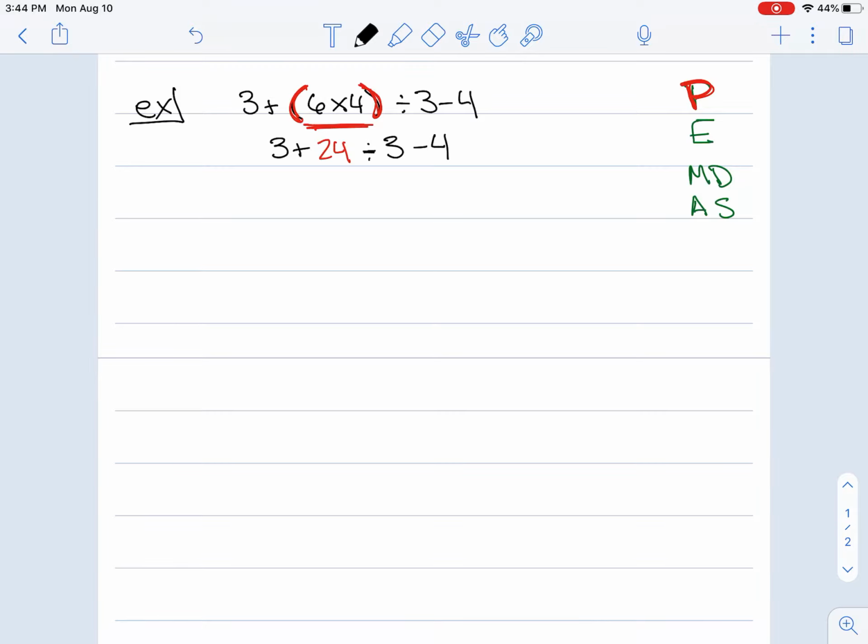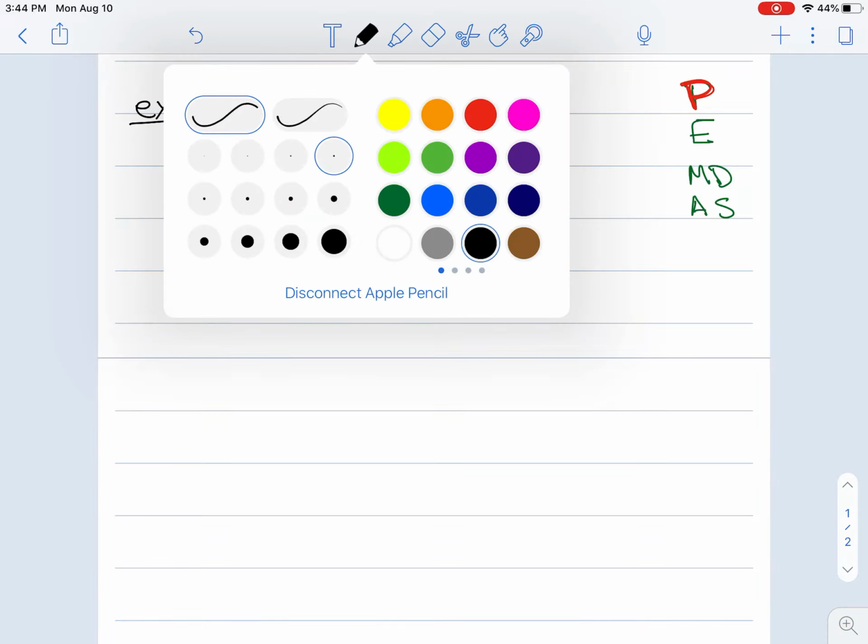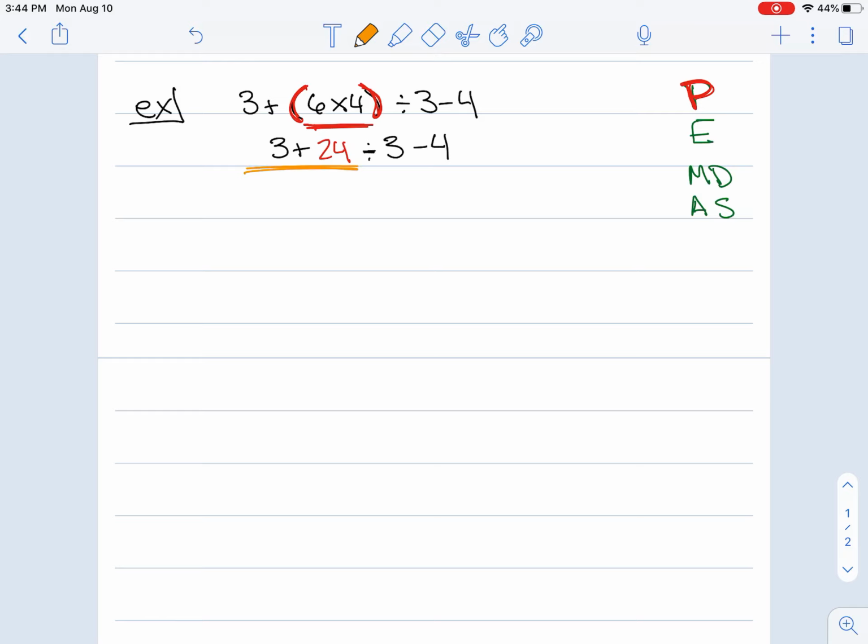So, mistake. A mistake would be to start right here because you're so used to reading left to right. No. We're going to double check and make sure all of our parentheses are gone. Are there any more parentheses? No. So that's done.